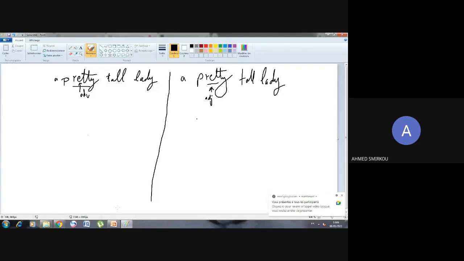The second meaning: here pretty is an adjective, so the lady is both tall and pretty. The two adjectives are not related to each other. Tall modifies lady and pretty modifies lady. But in the first one, pretty is an adverb pre-modifying the adjective tall.